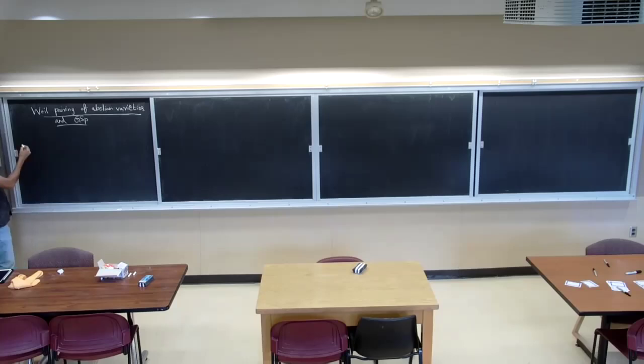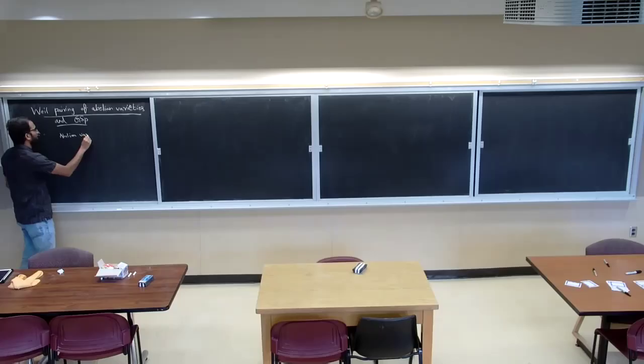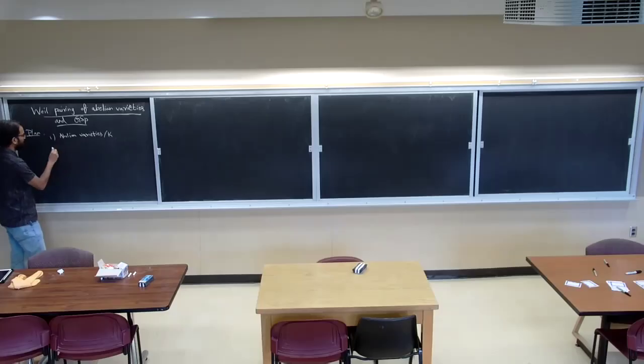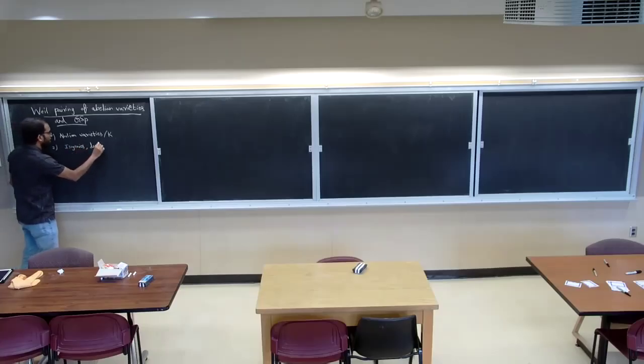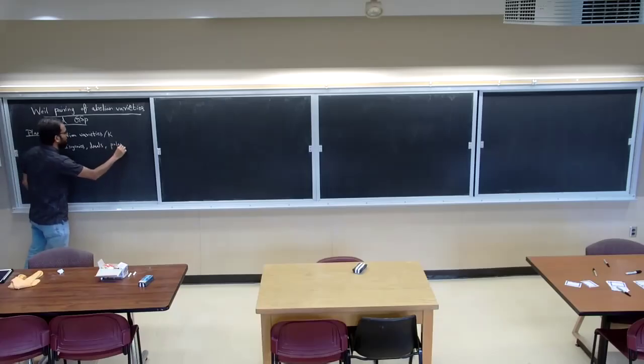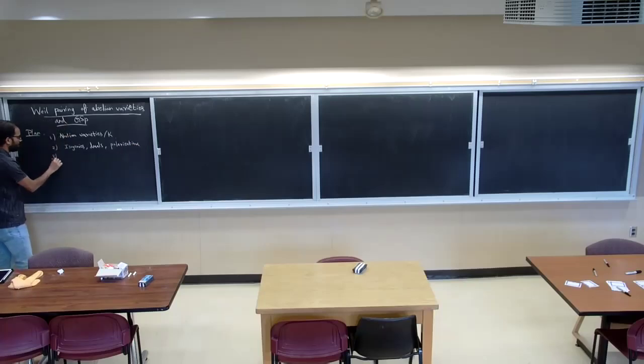So let me give you the plan for the talk. First we will start with some basics about group schemes, and then we will introduce the abelian varieties over any field K. Then we will talk a little bit about isogenies, dual abelian varieties and polarizations, and finally we'll define the Weil pairing and look at its properties.